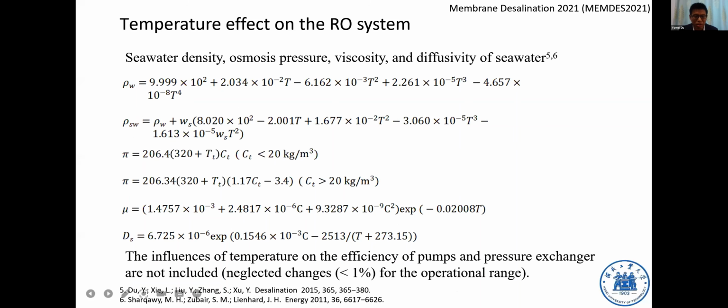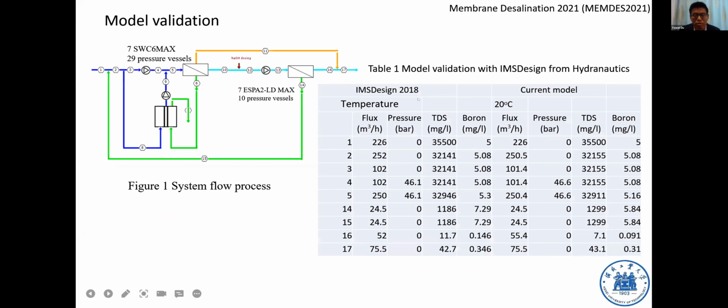But the temperature effect on the efficiency of the pumps and the pressure exchanger was not included because the change during the operation is negligible. And we validated the model with the IMS design from Hydranautics, and we found it has good accuracy.